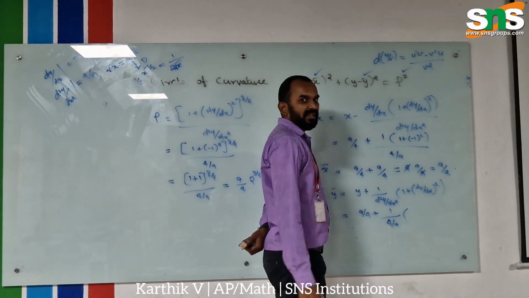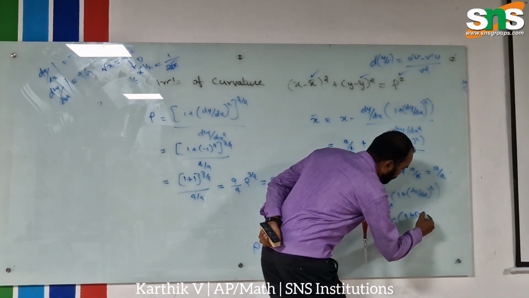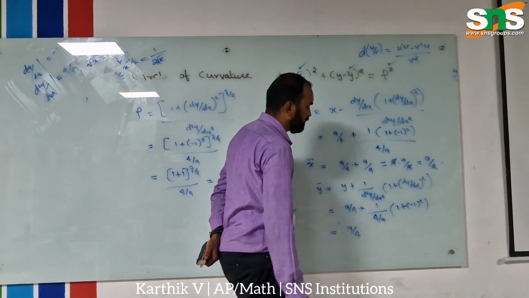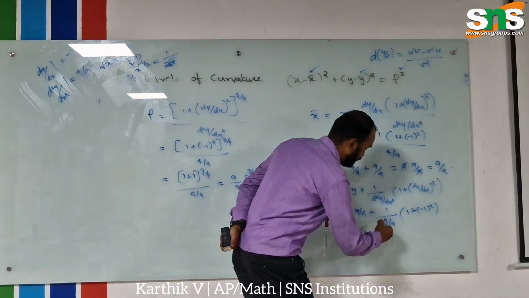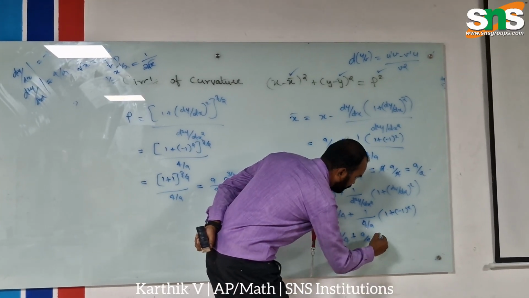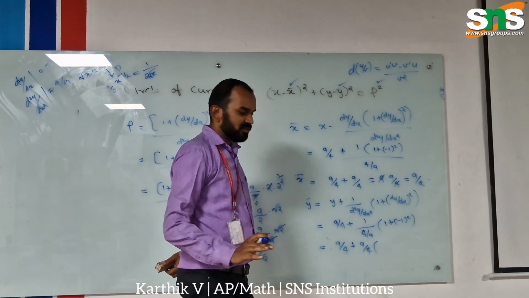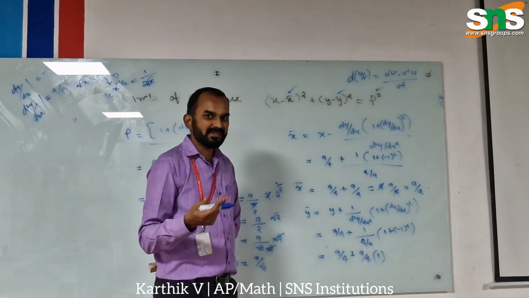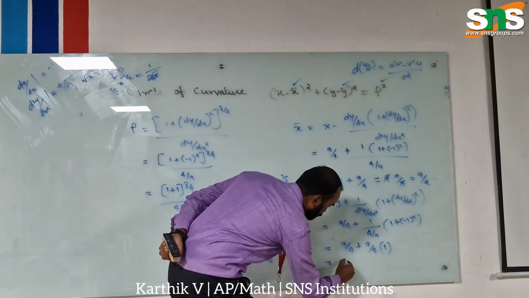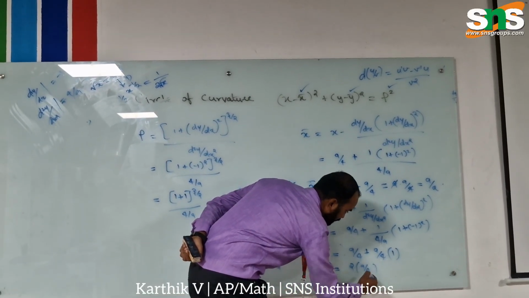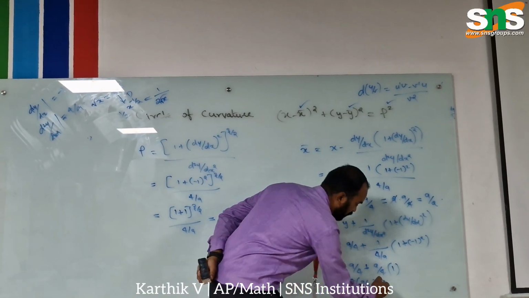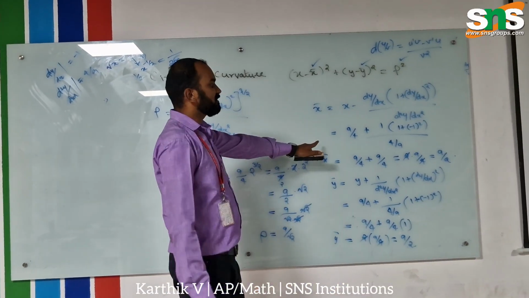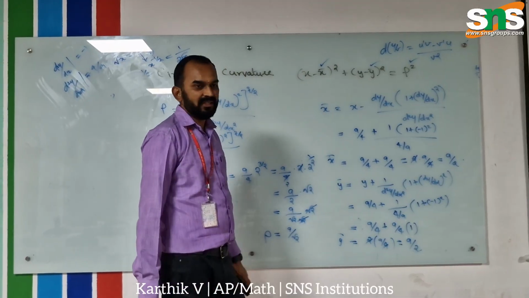Next, 1 plus dy by dx whole square, that is 1 plus minus 1 whole square, is 1. So a by 4 into 4 by a can be written as 1 divided by 4 by a, plus a by 4. Here also a by 4 plus a by 4 is 2 times a by 4. We can cancel numerator 2 and denominator 4. The final answer is a by 2. So x bar value is a by 2, y bar also a by 2.